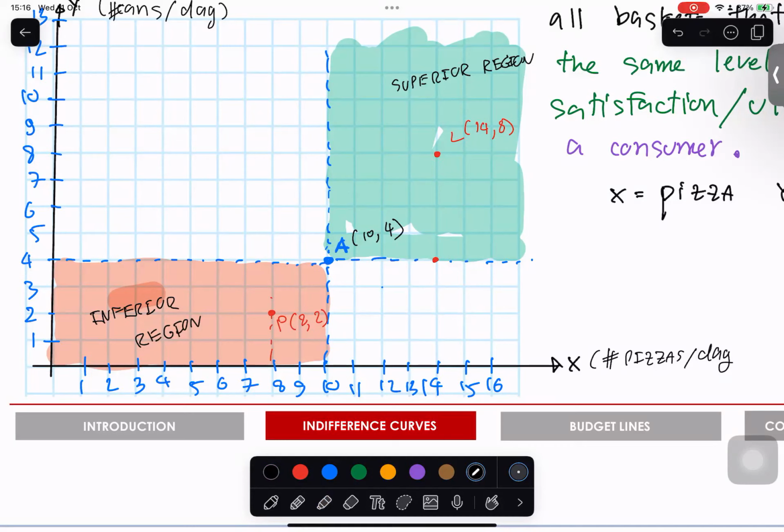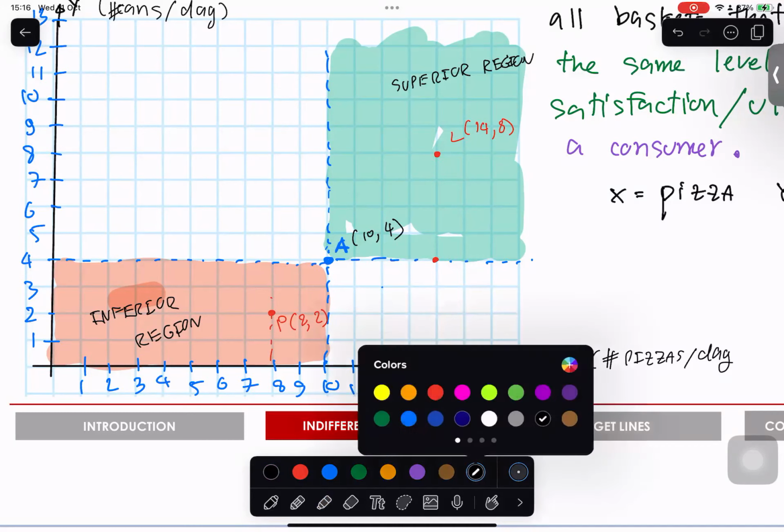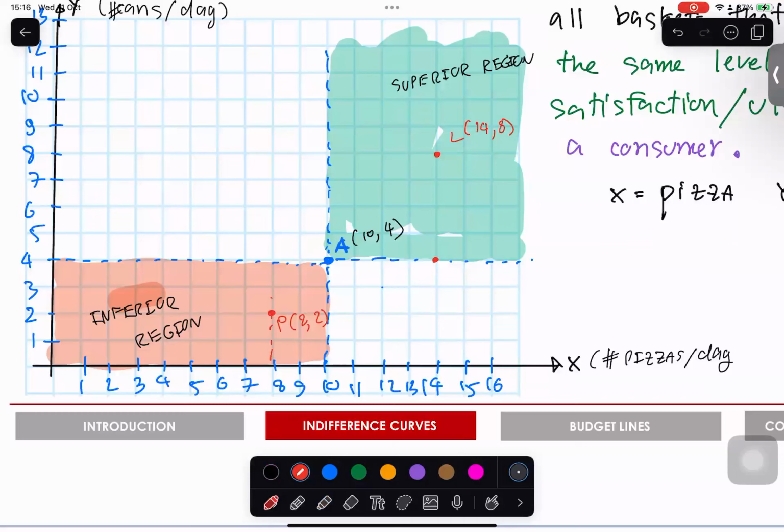Okay, now let's draw an indifference curve then. We just connect basket L, basket A, and basket P together.